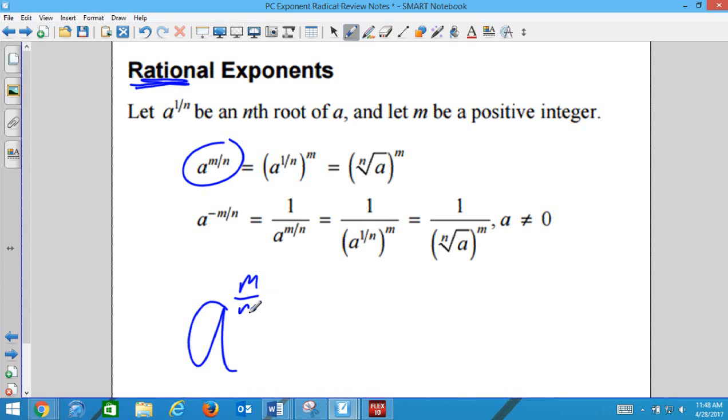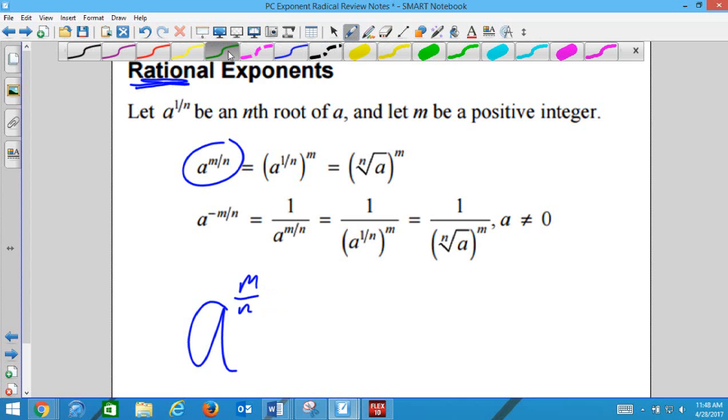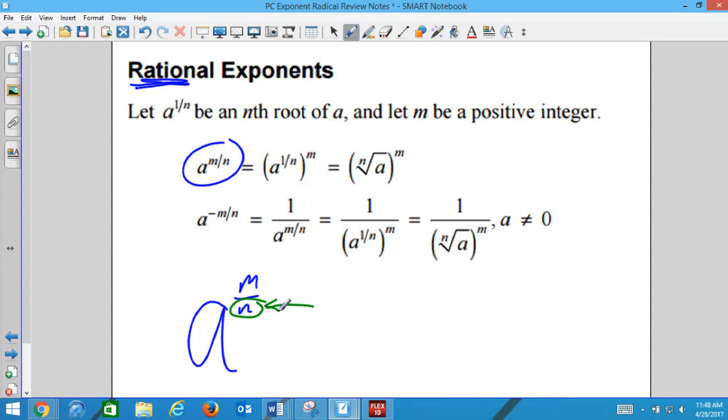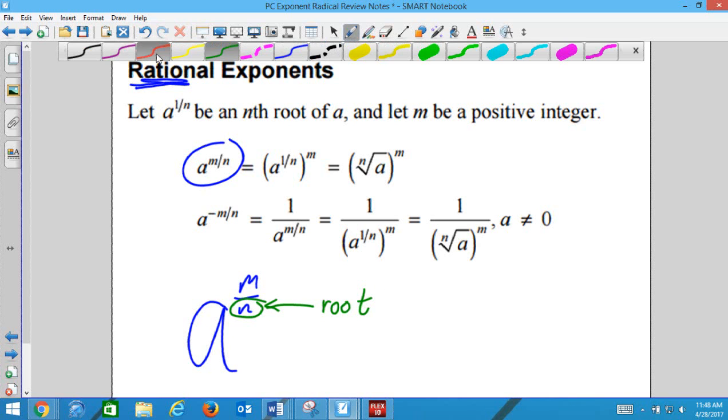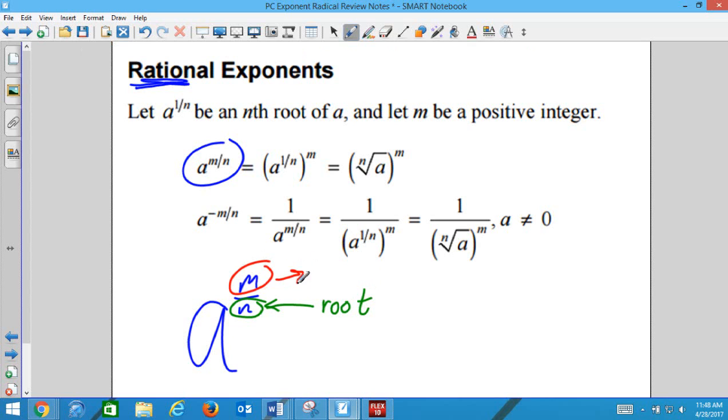When you have that, you want to think of these two numbers as two separate things. You want to think of the n as the root, and you want to think about the m as the power.